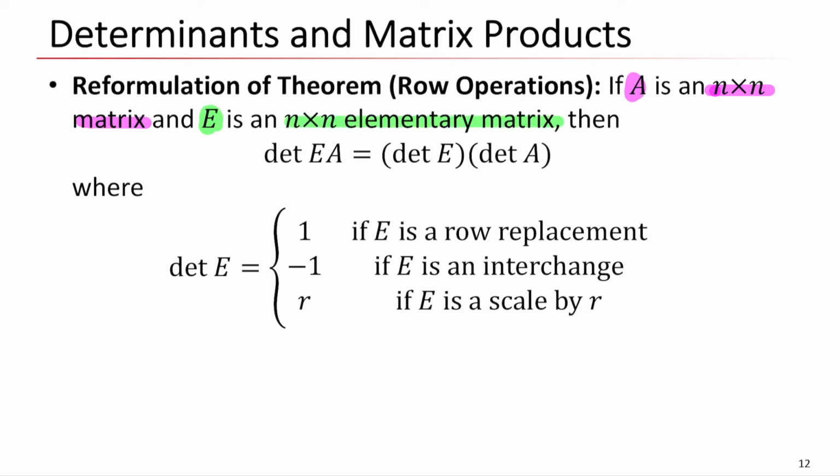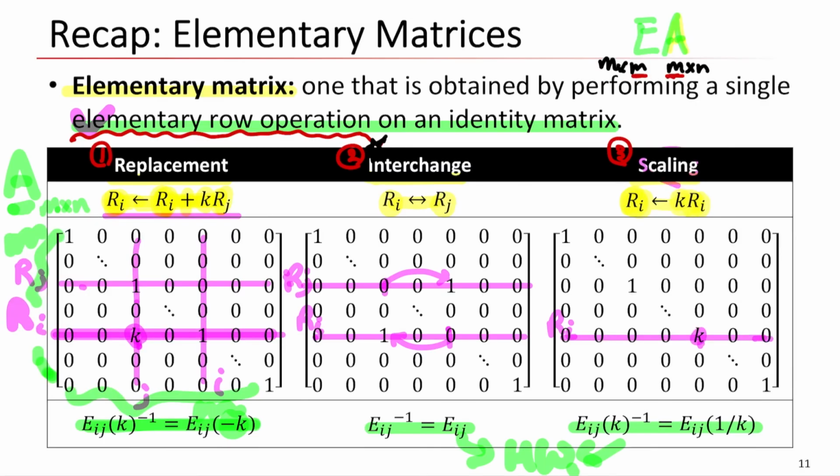Then the row reduction algorithm is just the sequential multiplication of elementary matrices, right? So if we apply just one row operation, then this is just E times A, right? The definition of E is in lecture 6, right here.